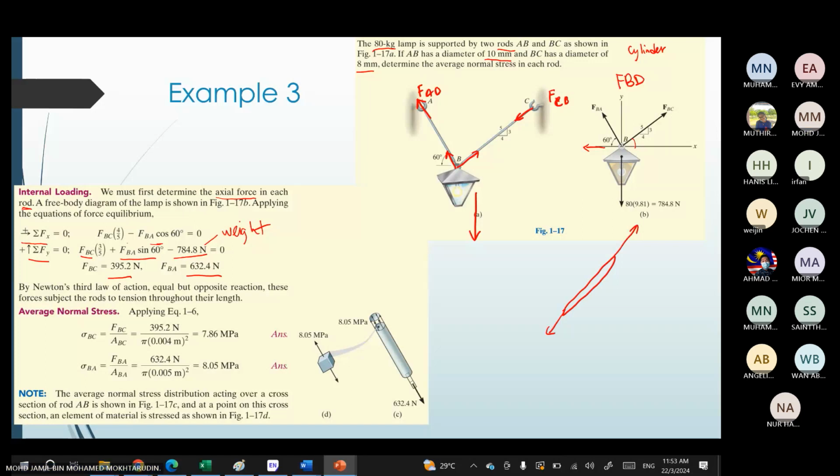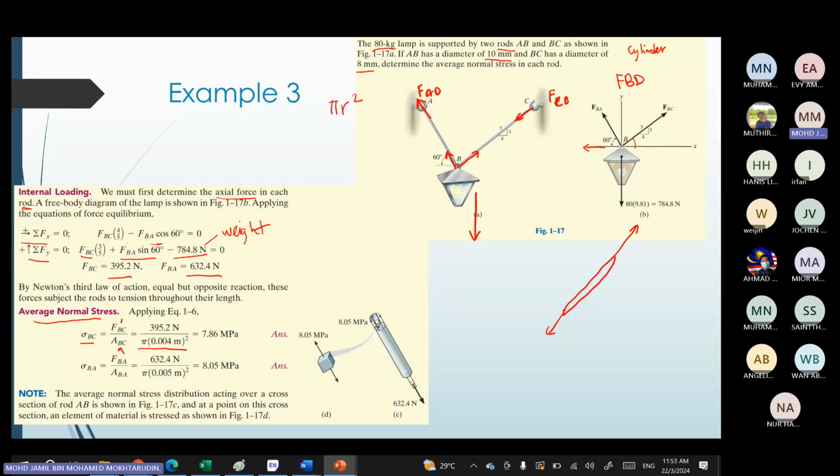Okay, so to determine the average normal stress, first the normal stress in BC is simply force BC divided by the area of the rod. The first rod BC is 8 millimeter diameter, so you need to determine the area first. 8 millimeter diameter divided by 2, you get the radius, or use the formula pi r squared.